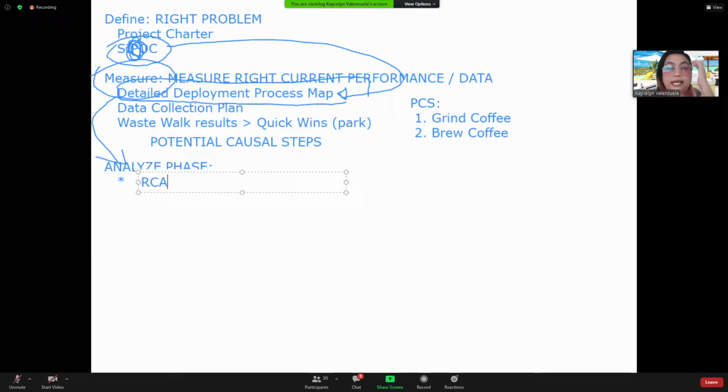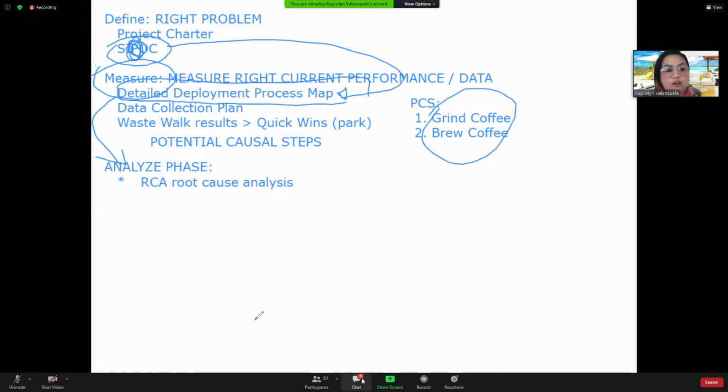What is RCA? Can you type sa chat box? Correct. Root cause analysis. Okay? Yung root cause analysis na yon can be different tools. We have different tools to identify what are the potential causes related sa process na to.